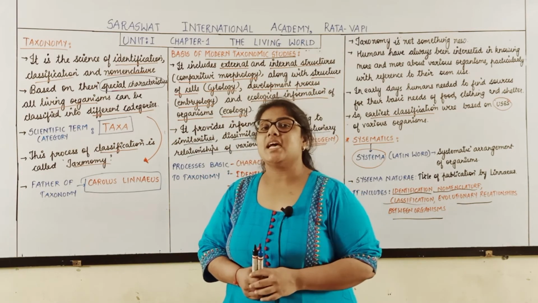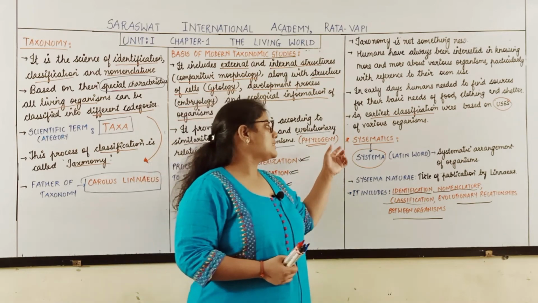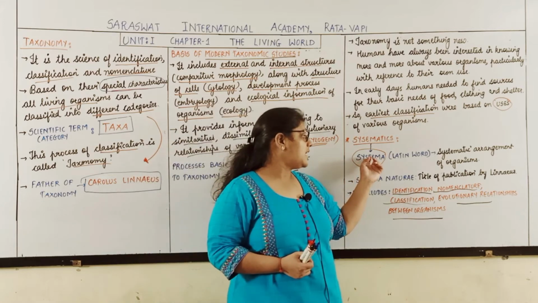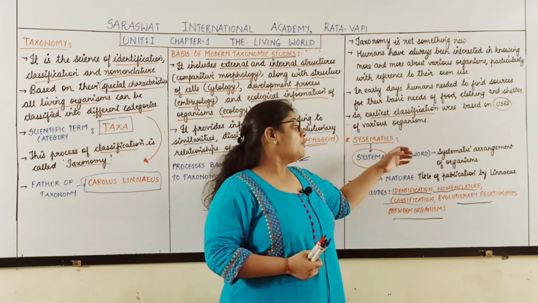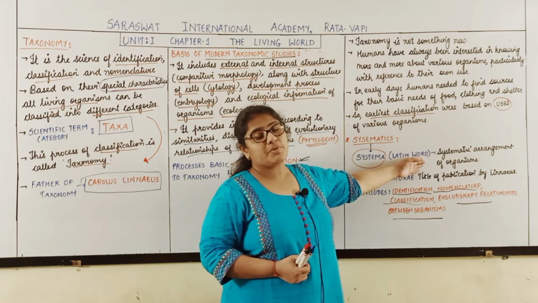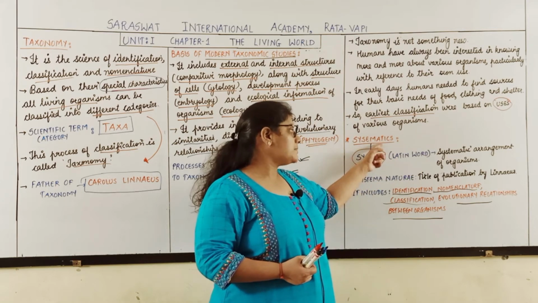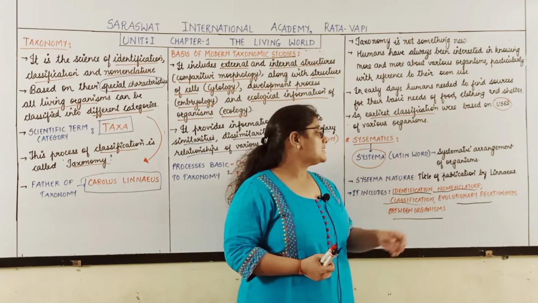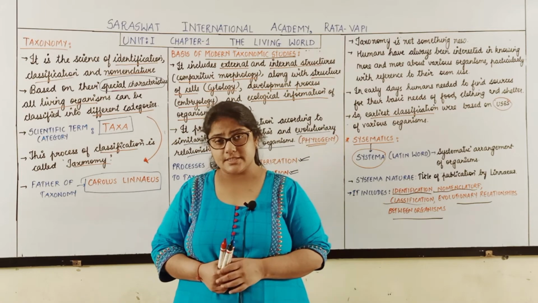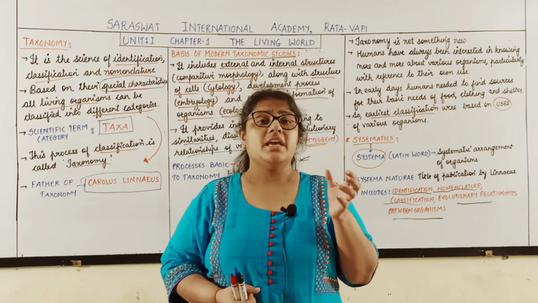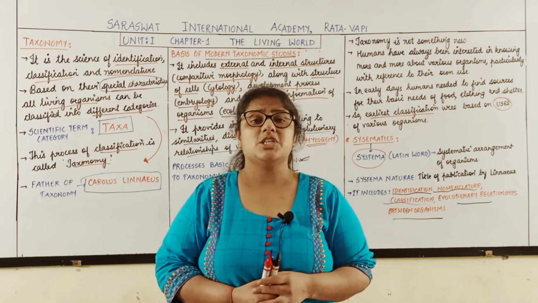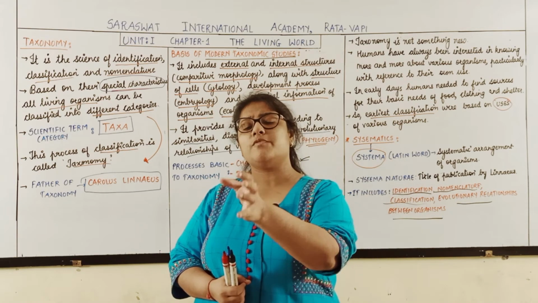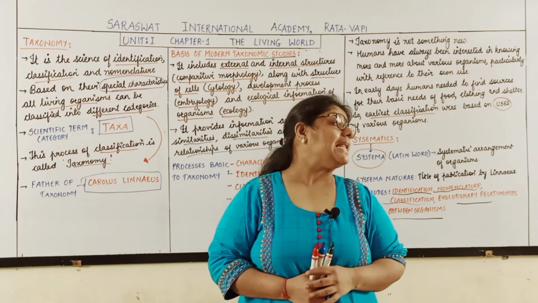And the branch of science which solved their problem was systematics. The term systematics is derived from the Latin word systema, meaning the systematic arrangement of organisms. Linnaeus gave the title Systema Naturae to his publication.